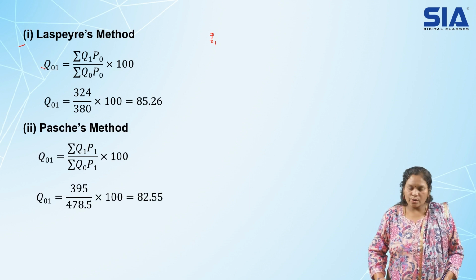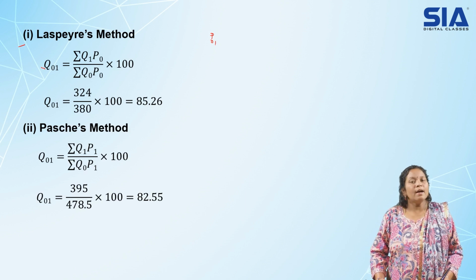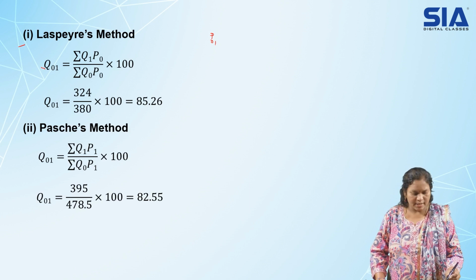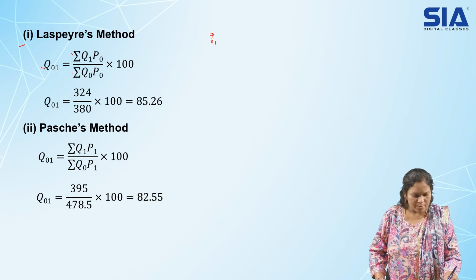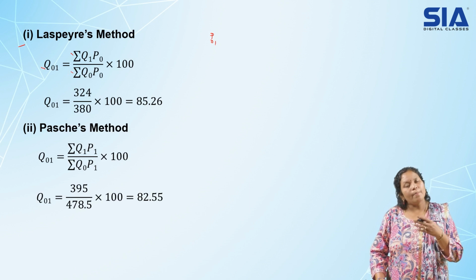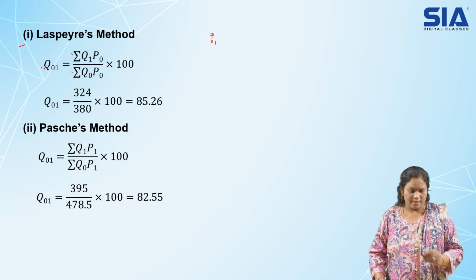Q01 is equal to, now the formula goes like this. Here averages of quantities we have to consider because quantity is the main thing for us. So the average of quantities, that is summation Q1 by summation Q0, will always be there. For that we add prices as weights, and which prices, for last year, the base year price, that is P0.